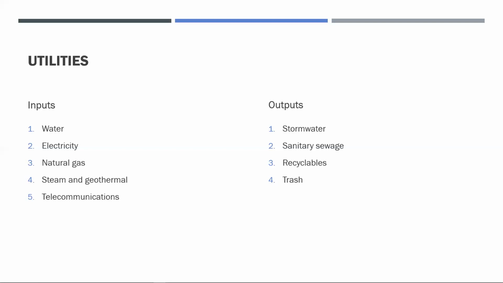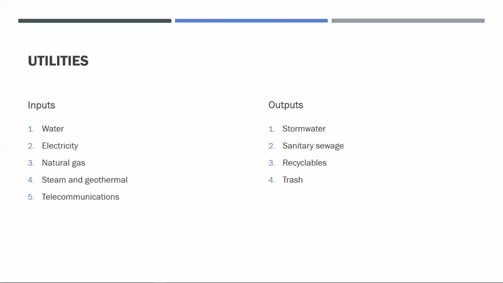So we need to rely on secondary data that is provided by different agencies, different governing bodies, and different companies or service providers.